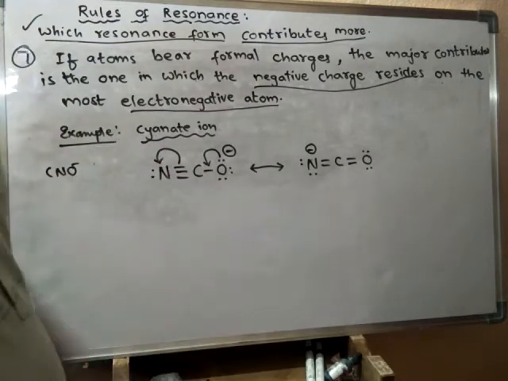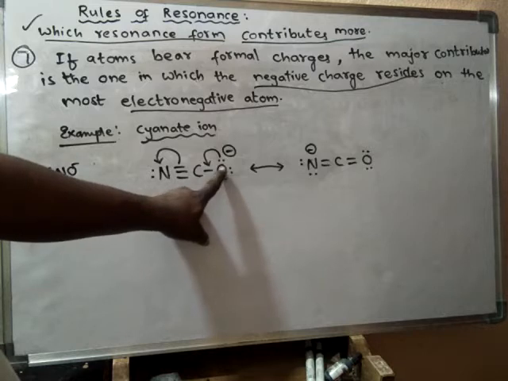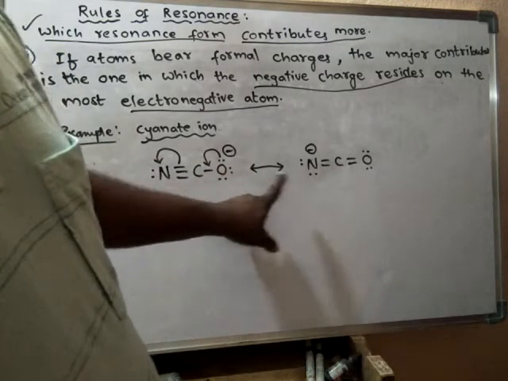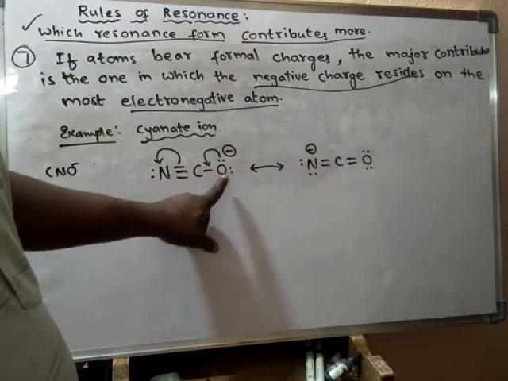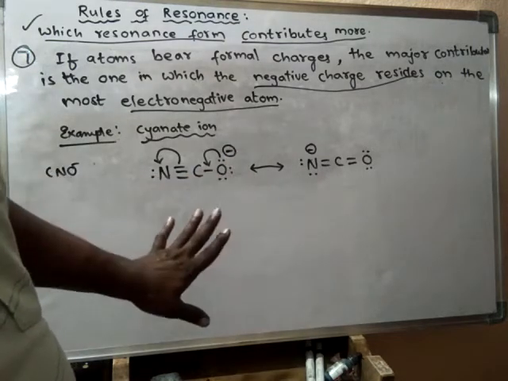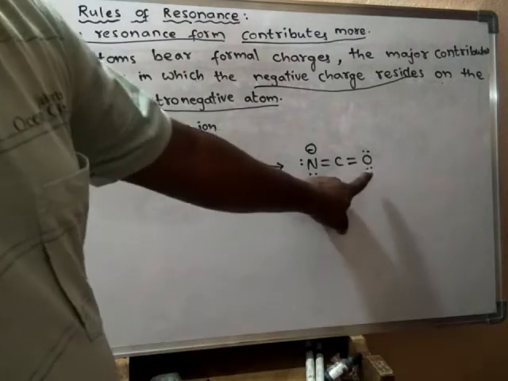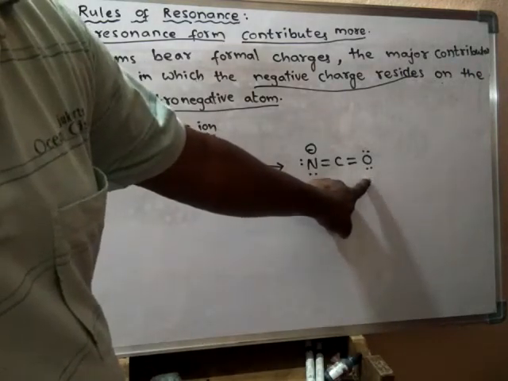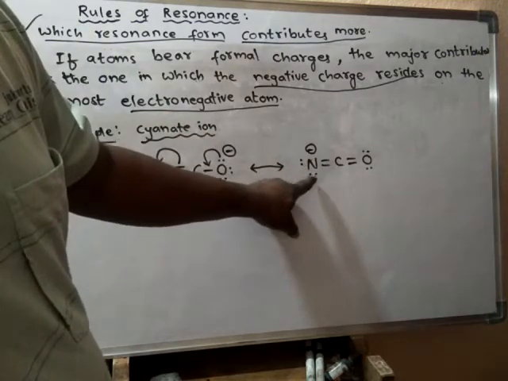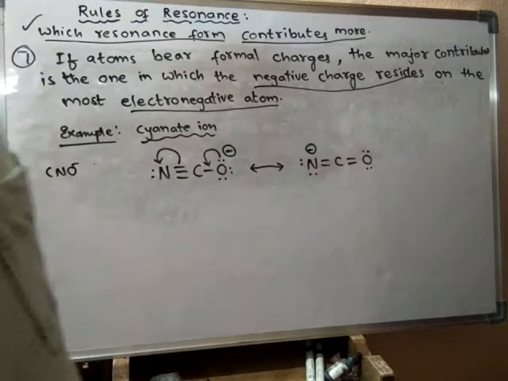So out of these two, which one is more stable? See, in this structure, oxygen is more electronegative and the negative charge is present on the more electronegative atom. But in this structure, though oxygen is more electronegative, the negative charge is present on the nitrogen atom, which is less electronegative when compared to oxygen.